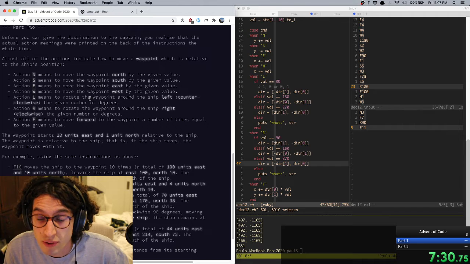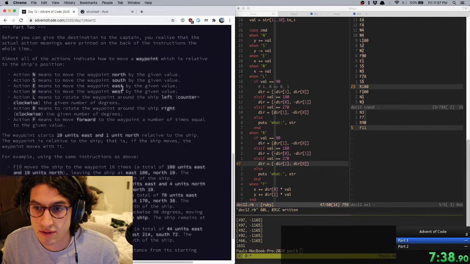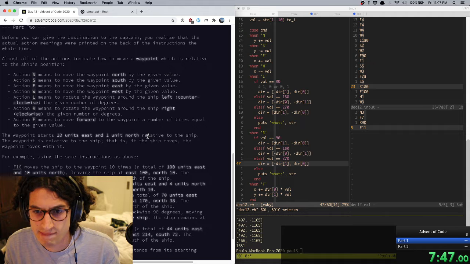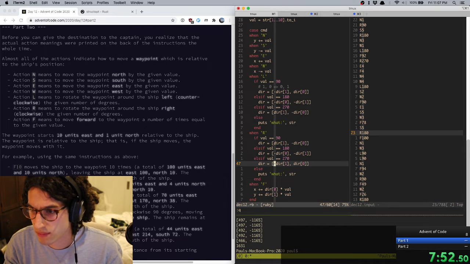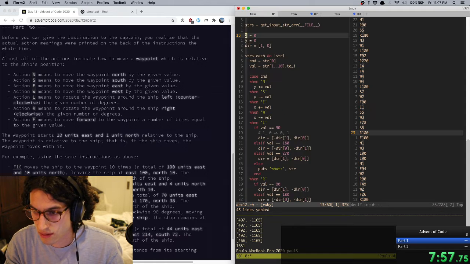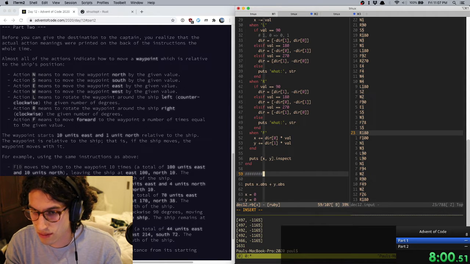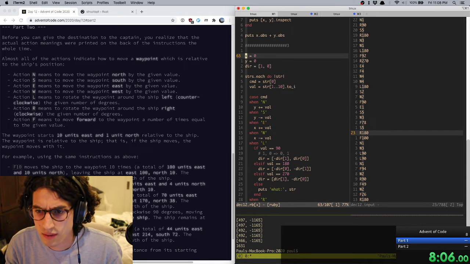Part 2. You realize the actual meanings are printed on the back of the instructions the whole time. How to move a waypoint, which is relative to the ship's position. Action N means to move the waypoint north by the given value, south by the given value. Okay, x equals 10, 1.